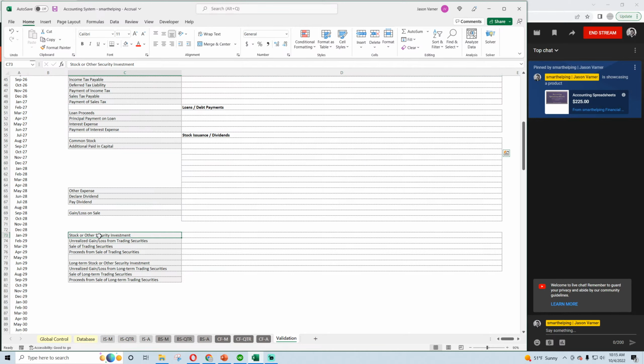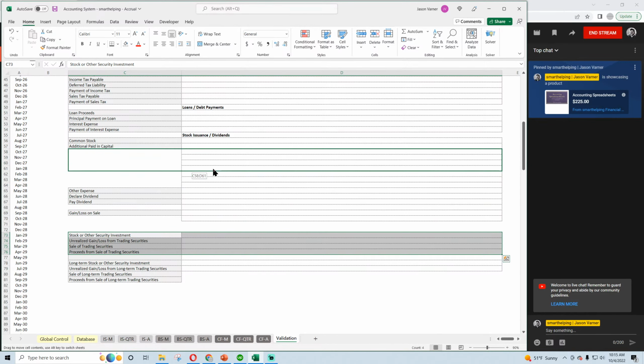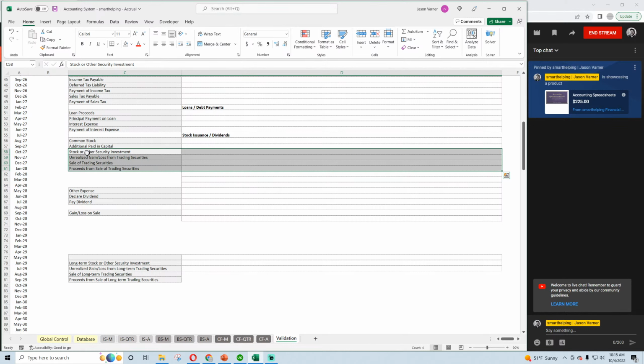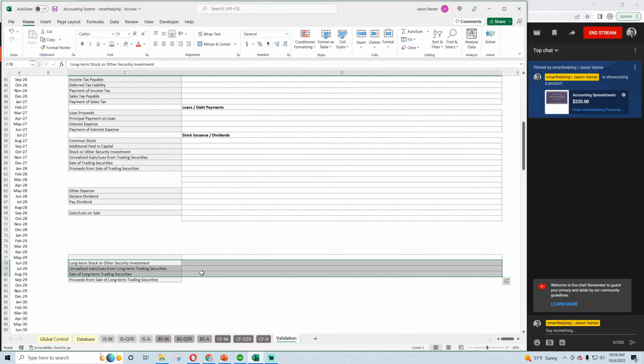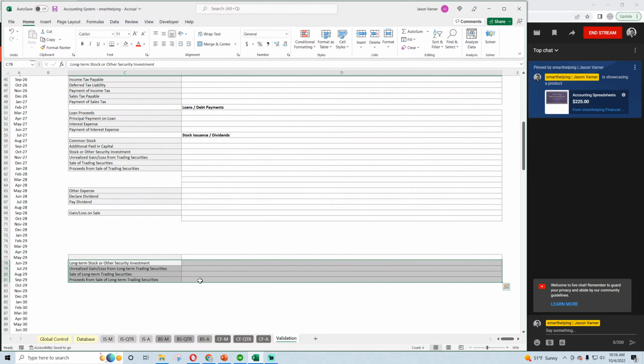And then we have short term is all of these items. Short-term investments in securities or stocks or what have you. And then long-term, I added this last night, so you can have long and short-term on the balance sheet.